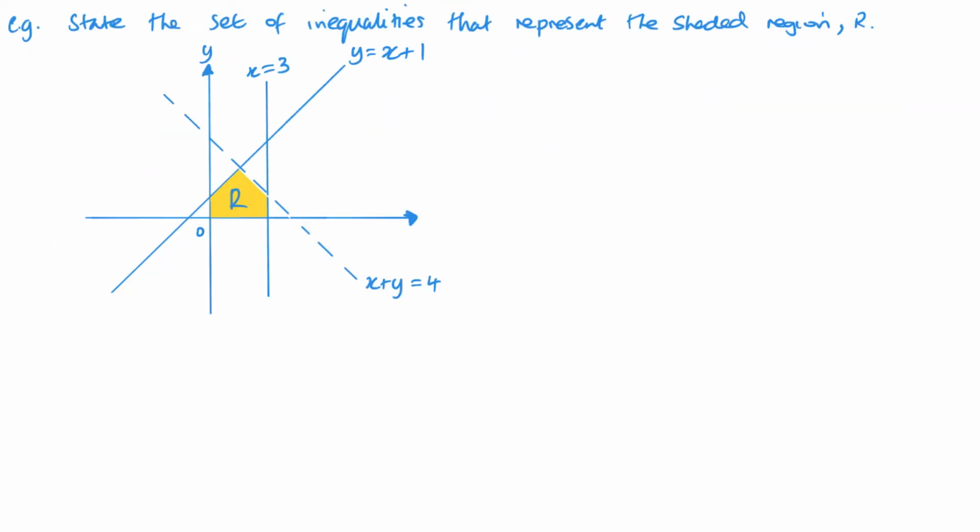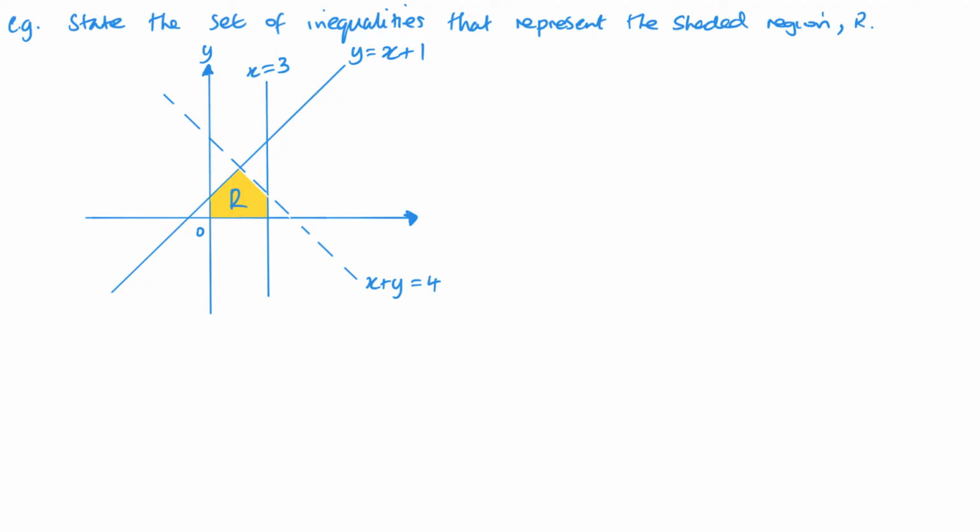Third and final example. Here we've got a diagram drawn for us. We need to explain what inequalities will represent this region. So let's start with the easy ones. It is bounded by the y-axis and bounded by the x-axis, isn't it?